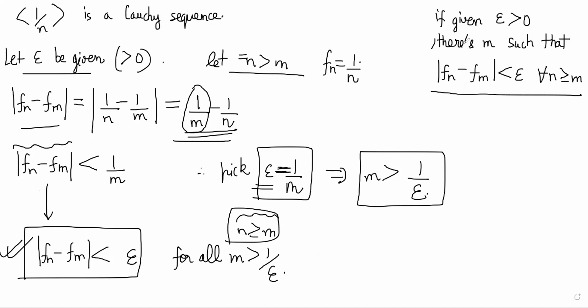That is saying that we have found a situation where mod of fn minus fm is less than epsilon for all n greater than some particular value. That means that this sequence is a Cauchy sequence.